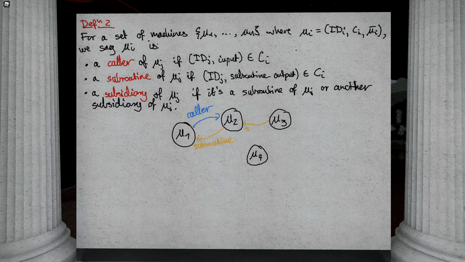Similarly, mu3 might be a subroutine of mu2, and same with mu4. And the idea, what's a subsidiary? All of these nodes here are subsidiaries of mu1. And if we want it to form a protocol, then we also have to have this two-way relationship. Okay.